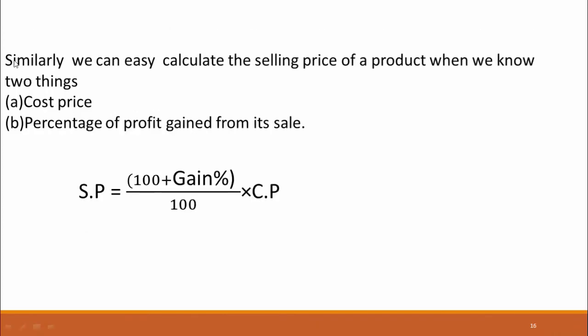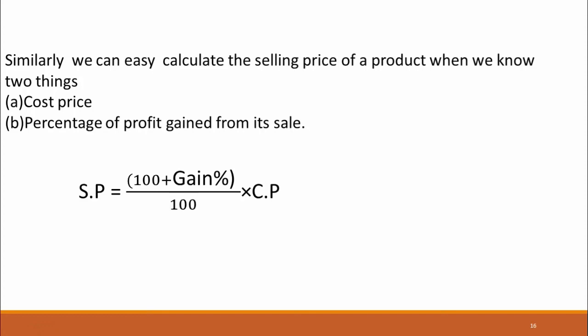Now similarly, we can easily calculate the selling price of a product when we know two things: the cost price and percentage of the profit gained from its sale. So the selling price is equal to 100 plus gain percent divided by 100 multiplied by cost price.